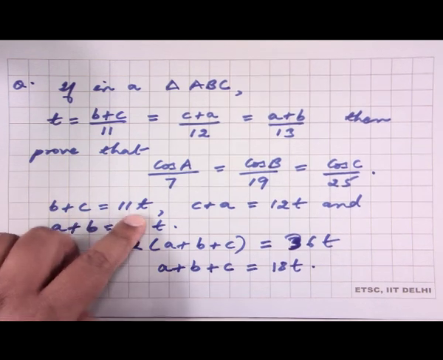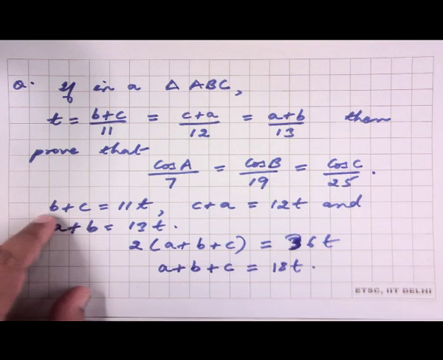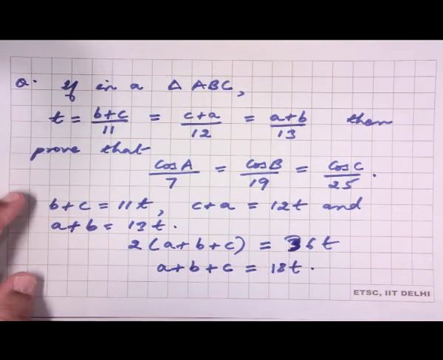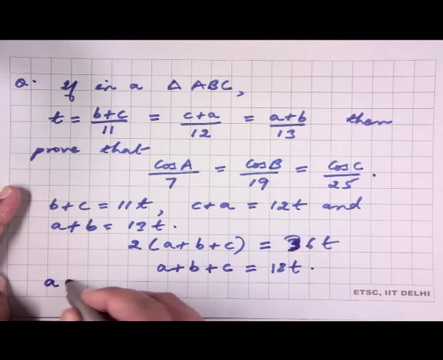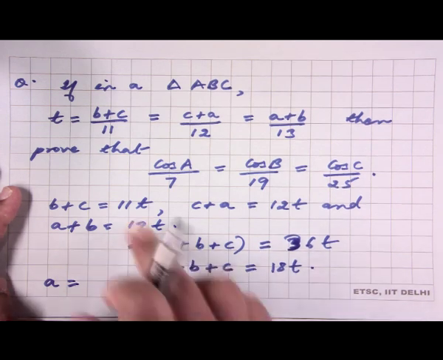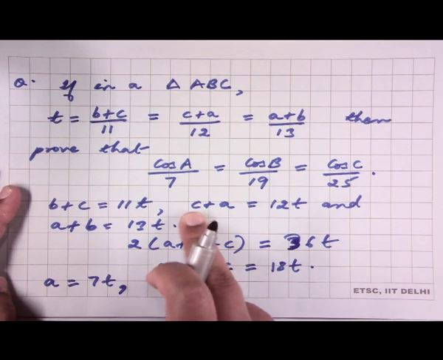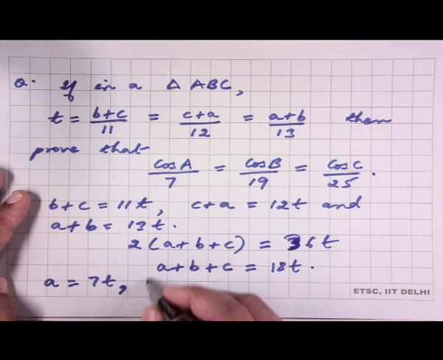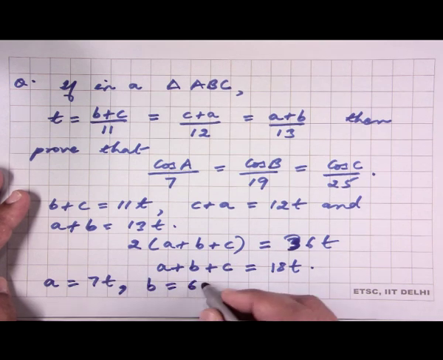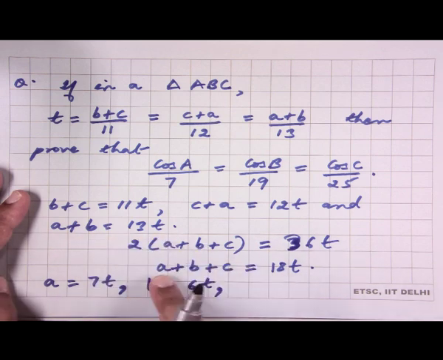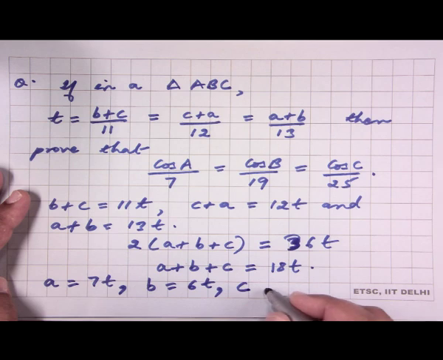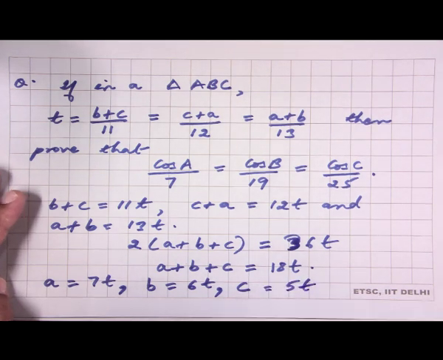Since B plus C is 11t, by subtracting this from here, we get A is equal to 18t minus 11t, which is 7t. Similarly, by subtracting this from here, we get B equals 6t, and then by subtracting this from here, we get C equals 5t.